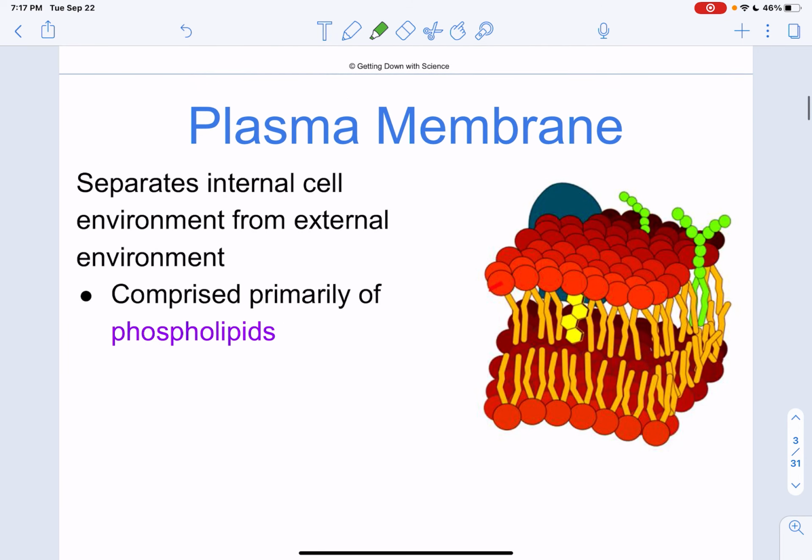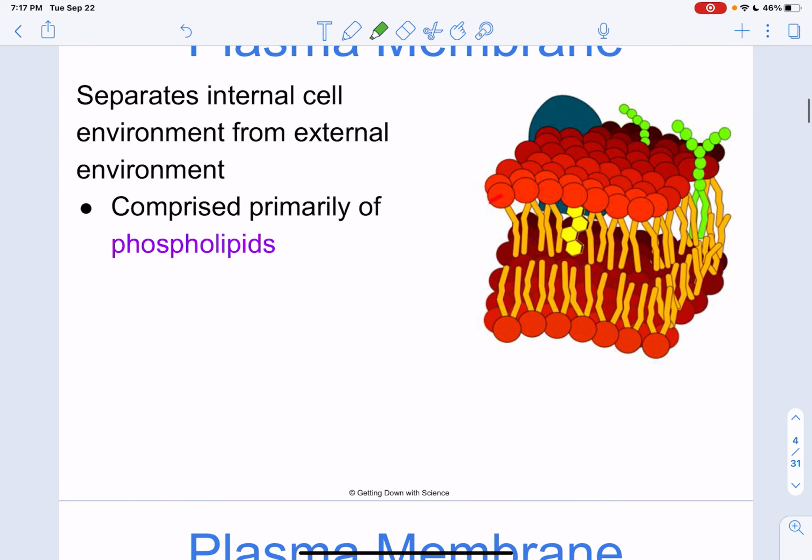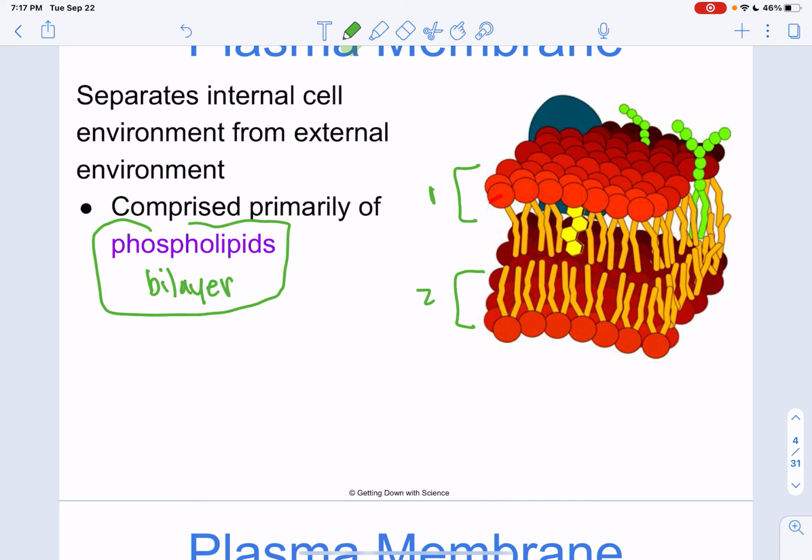The phospholipid is going to make a bilayer, two layers of phospholipids. Phospholipid bilayer. And the main point of this phospholipid bilayer is to separate the internal cell environment from the external environment. So keeping everything on the inside, and keeping everything that's supposed to be on the outside.